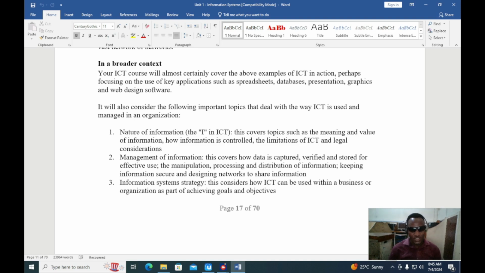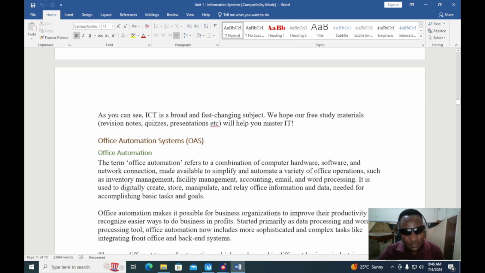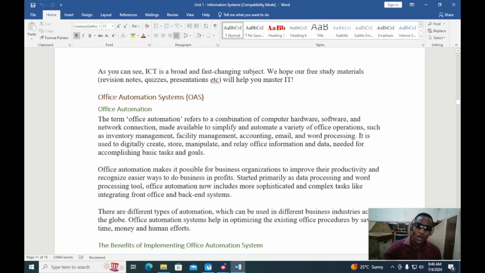Then we have information systems strategies. So basically it is going to consider how ICT can be used in an organization, or in a business, as part of making the business or the organization able to achieve its goals and even its objectives.